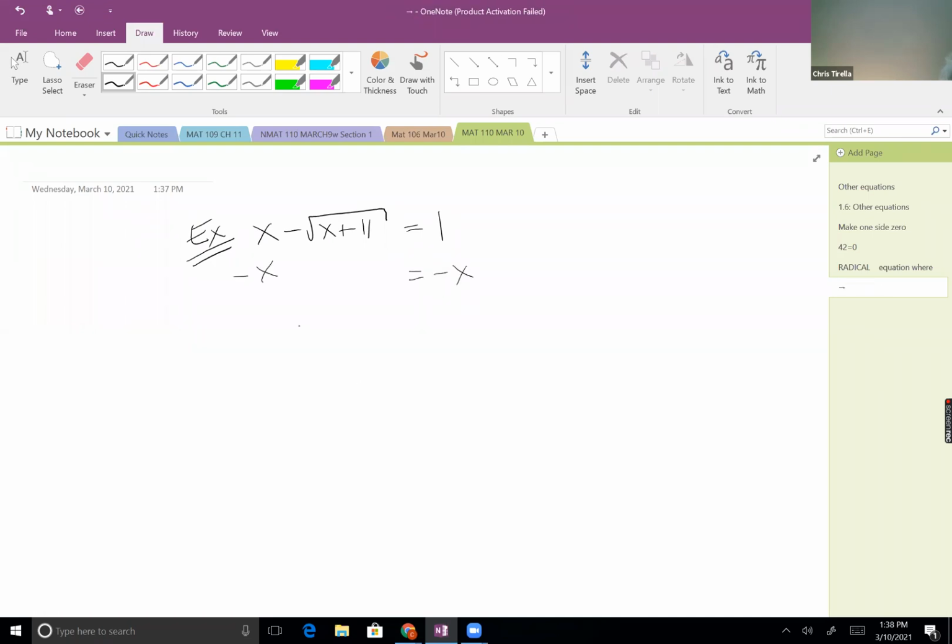The negative square root of x plus 11 is equal to negative x plus 1. I've got that negative sign out front, so it'd be more aesthetically pleasing, I think, if we divide both sides by -1. And I get the square root of x plus 11 is equal to x minus 1.